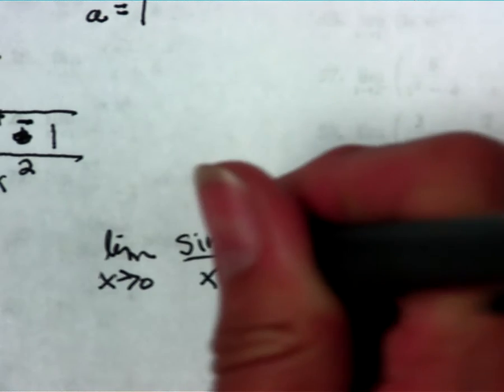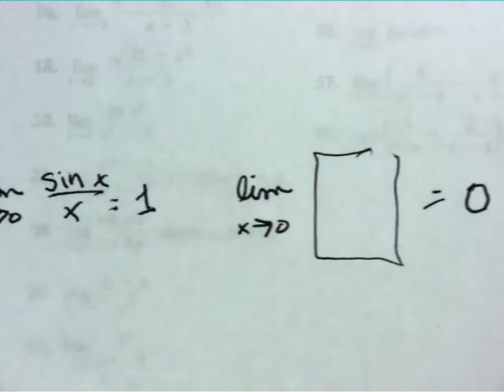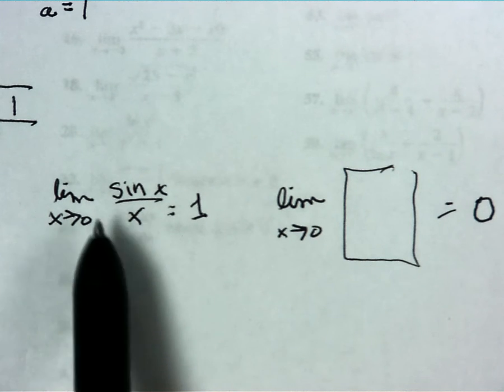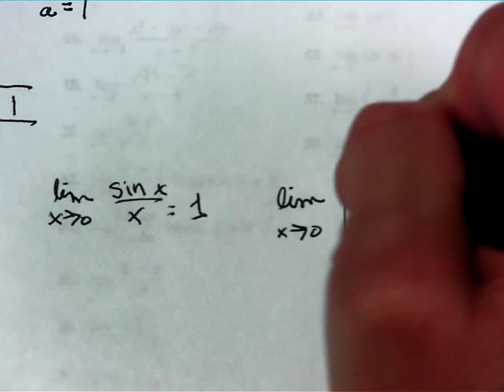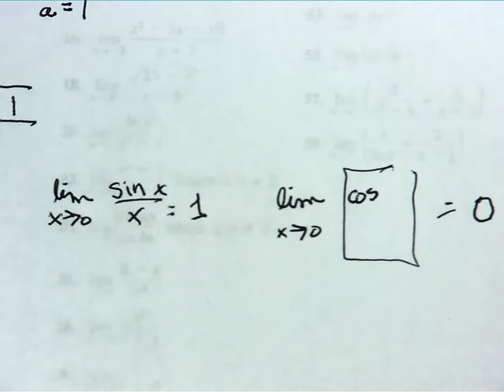But this answer, I remember, turned out to be 1, and this answer turned out to be 0, and I believe it was Michaela when I said I can never remember which one is 1 and which one is 0. I think it was Michaela that said, well, that I in sine looks like a 1. And this one had a cosine in it, and she said, well, it has an O in it. Well, that's going to work for the rest of my life.